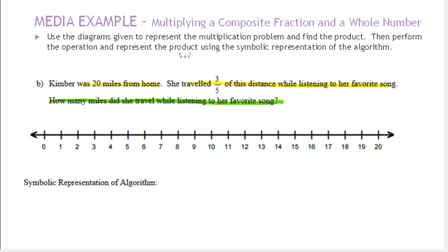Now remember what we did before. So 3/5 is 3 copies of 1/5. When we found 1/5 of this, we said take the 20 and divide it by 5. So 1/5 is 4 miles. Then we cut this from 0 to 20 into 5 equal pieces of 4 miles each.